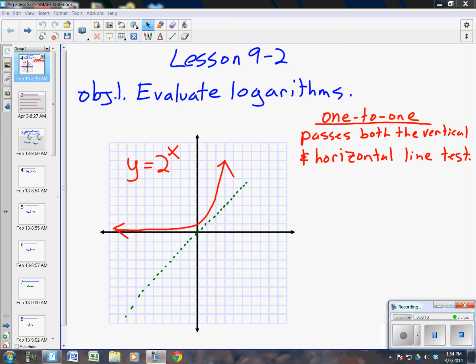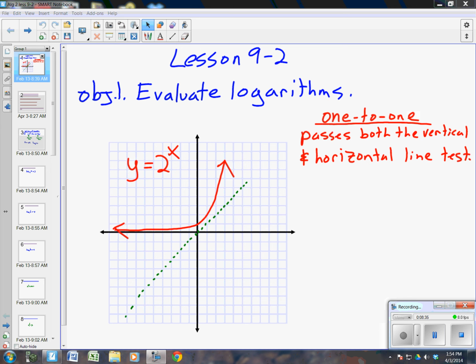Wait, no, you're right, because 2 to the third power would be 8. If you put 3 in for x, 2 to the third power is 8, so it would go through (3, 8). It would also go through (2, 4), because 2 squared is 4.